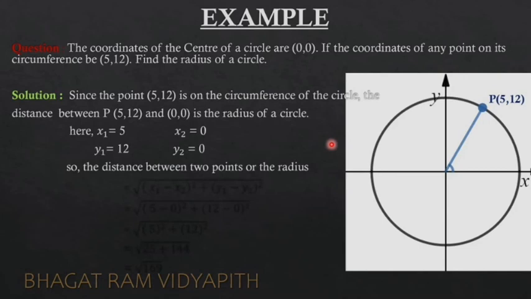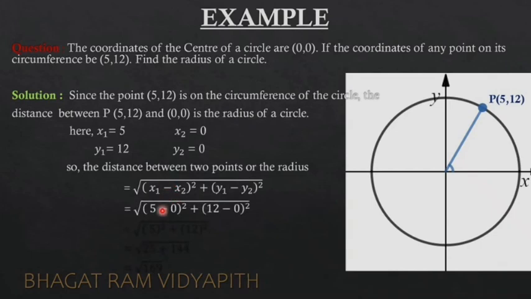The radius of the circle is equal to root over (x1 minus x2) squared plus (y1 minus y2) squared. Substituting the values, x1 is 5, y1 is 12. Since the distance is calculated from the origin, we simply have to add the squares of the two terms, 5 squared plus 12 squared. 5 squared is 25, 12 squared is 144.